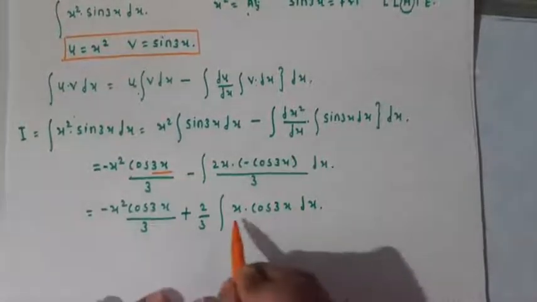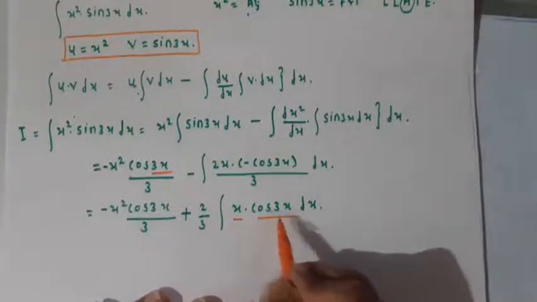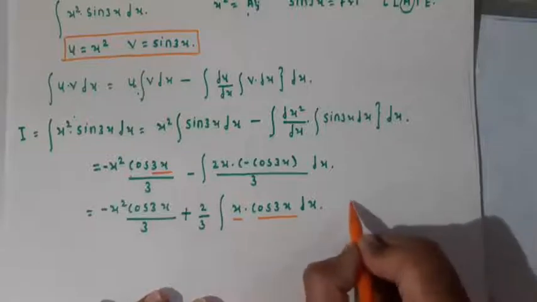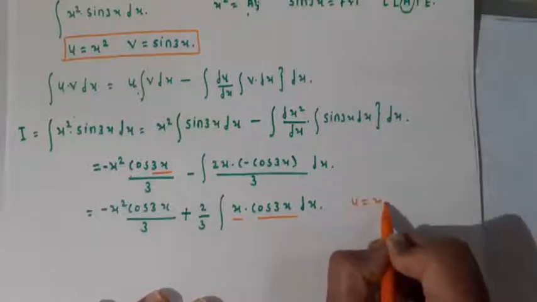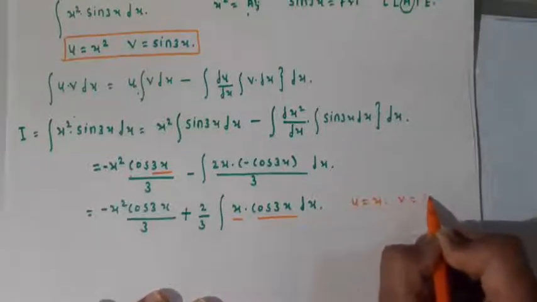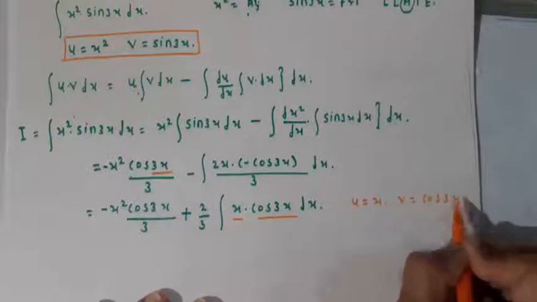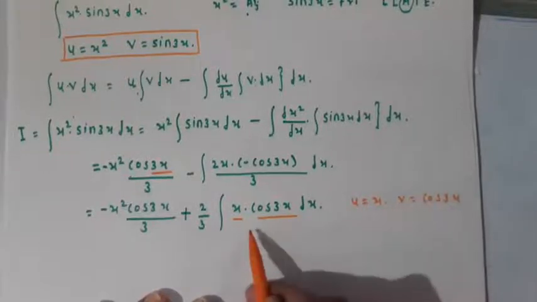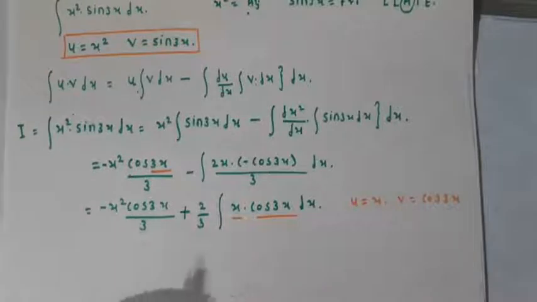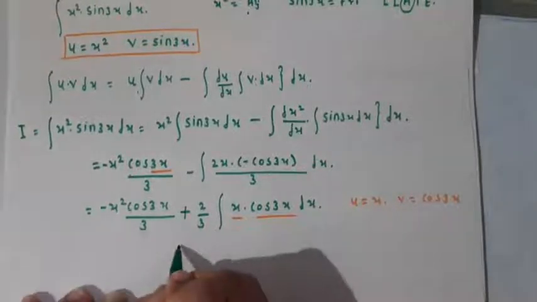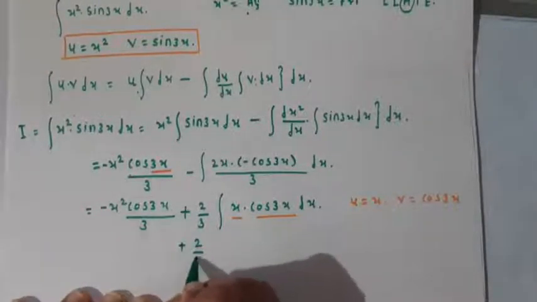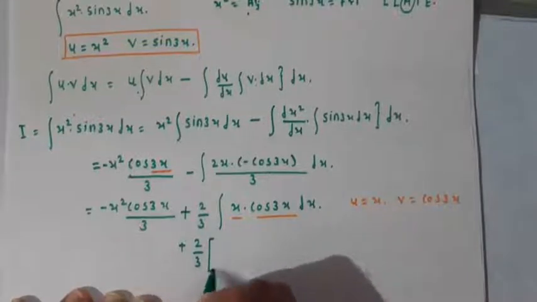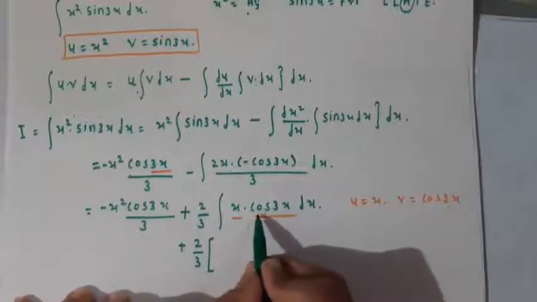Students, now this is again a u into v function. So here u equal to x and v equal to cos of 3x. Again apply the u into v rule here. Okay students, so here plus 2 by 3 into bracket, apply u into v here.